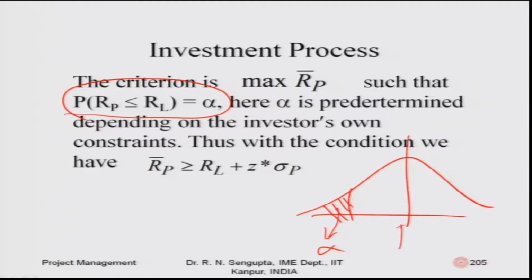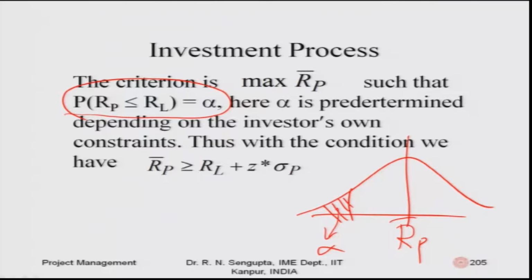So, this value is basically R bar P, whatever the portfolio of the project is, and what I need to do is push this mean value as far as possible to the right, provided this probability remains the same as alpha. This alpha value is the level of risk I am able to sustain for my overall project. Here alpha is determined depending on the investor's own constraints or for the project.